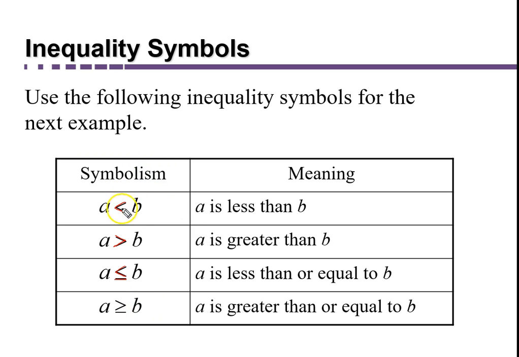Now, we had this in an earlier unit where in order for this to be true, it has to have that A is less than B. Or this to be true, A is greater than B. But we said when it's in this symbol, A is less than or equal to B, that could be true, and also another variation that this would be true is if A equaled B. Here, only one part of it needed to be true.